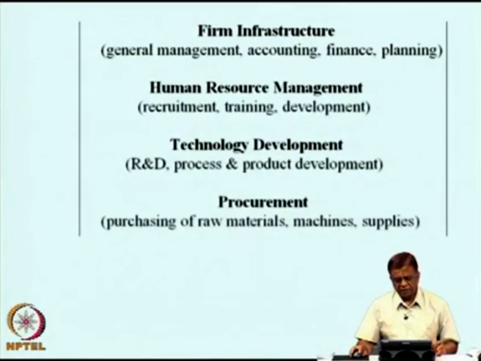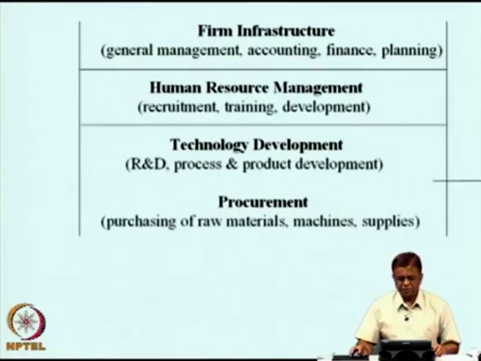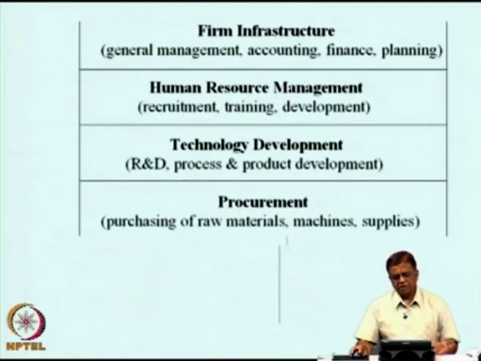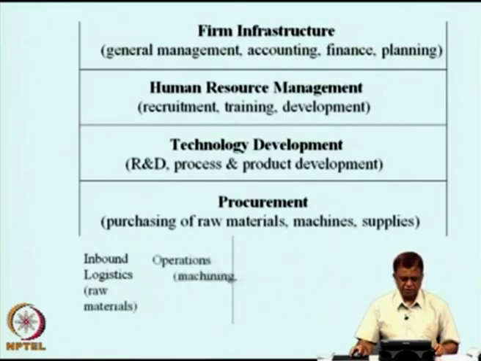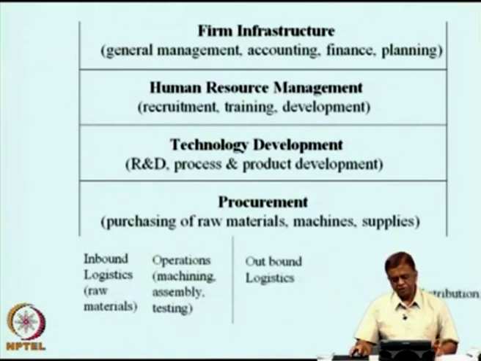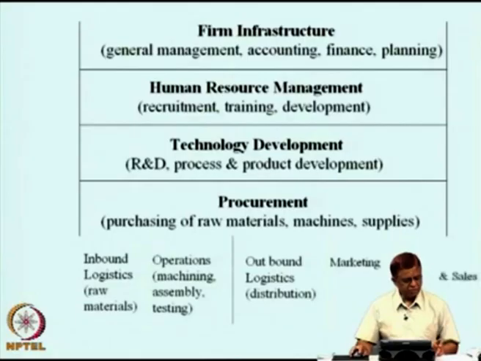You have the primary activities, you have the support activities, and depending on the value that the firm is able to create, the firm makes a profit or a loss. So, this is the way a firm operates as per the value chain given by Porter.